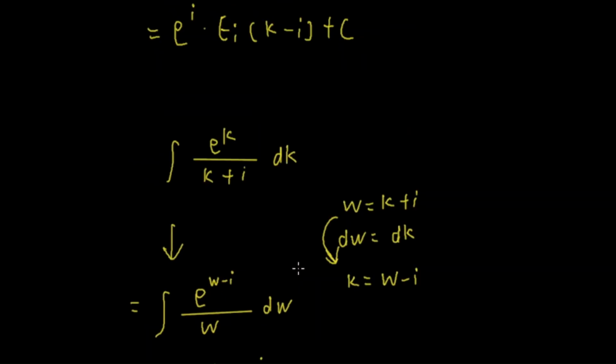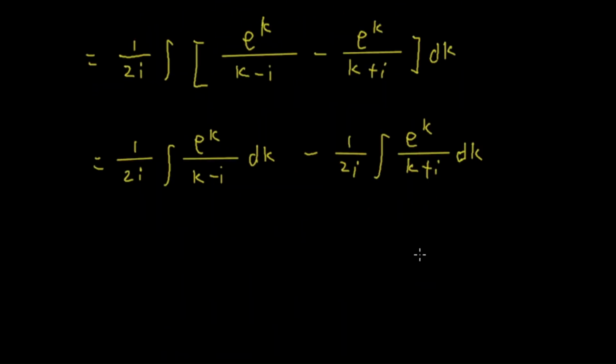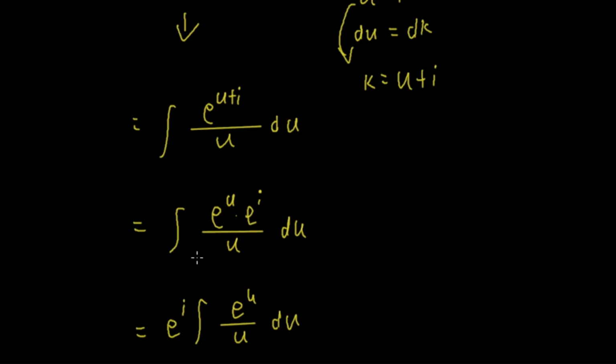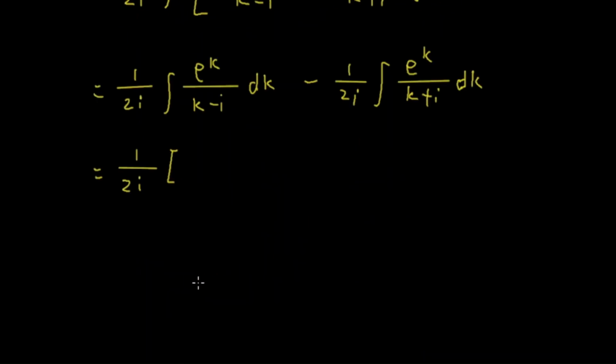So I just evaluated both of these integrals here. So I can write this now. That's equal to 1 over 2i times the first one, e to the i times exponential integral of k minus i. We will leave the plus c here.